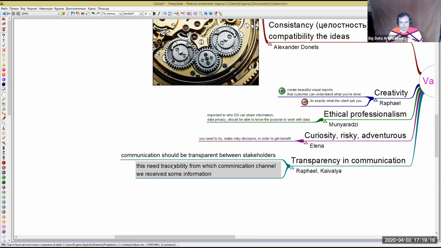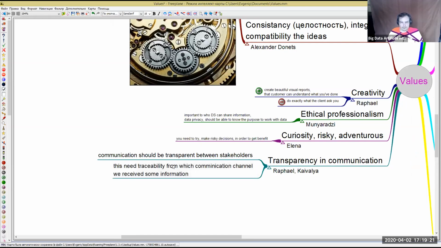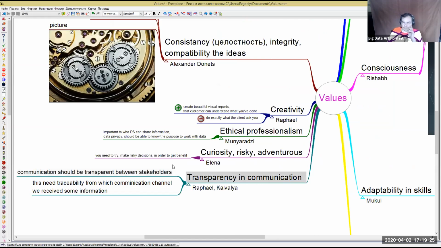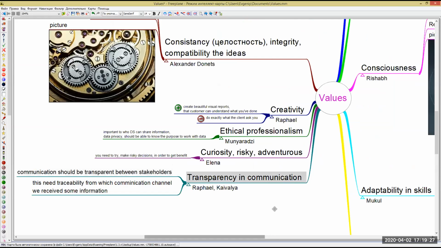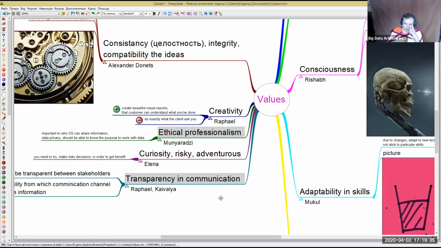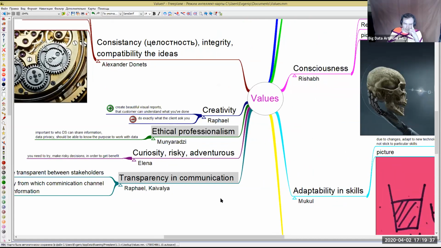Okay. And how do you find this collision about transparency in communication and ethical professionalism? Yeah. At first, you need to keep some confidential information, and in second, transparency, you need to be transparent.